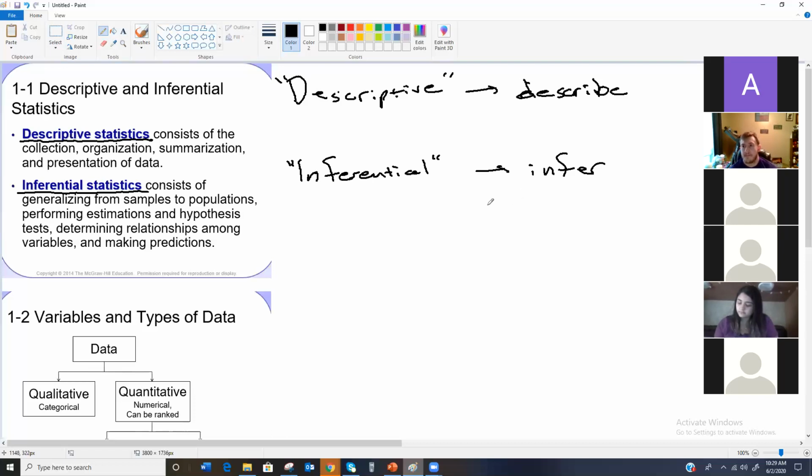What does it mean to infer? Well, if you think about it in everyday language, when somebody says, are you inferring? They usually mean, are you trying to make a leap from the information to some sort of conclusion?